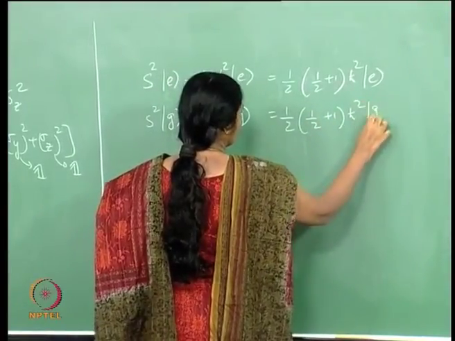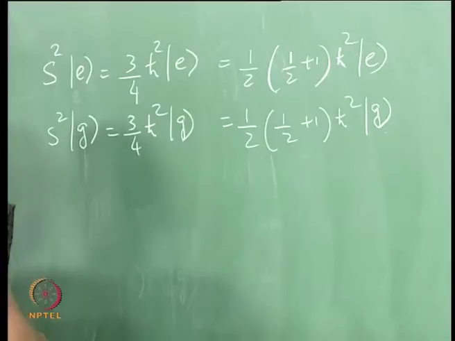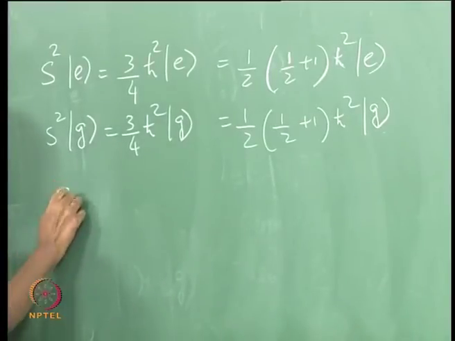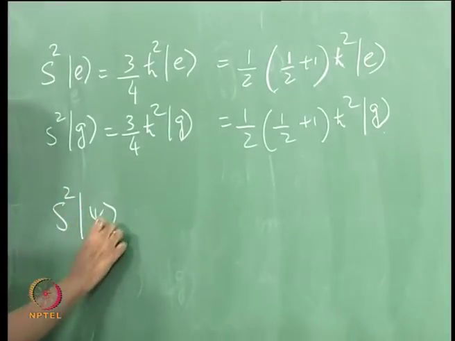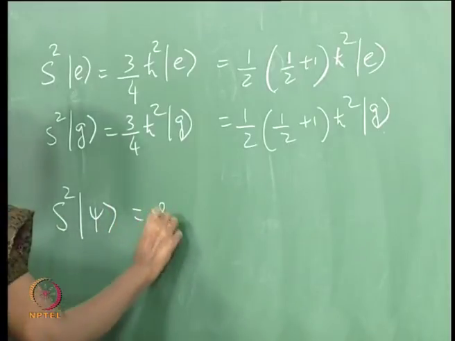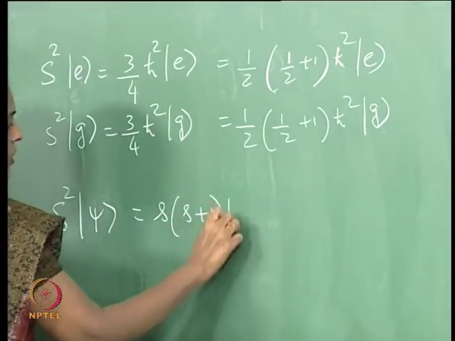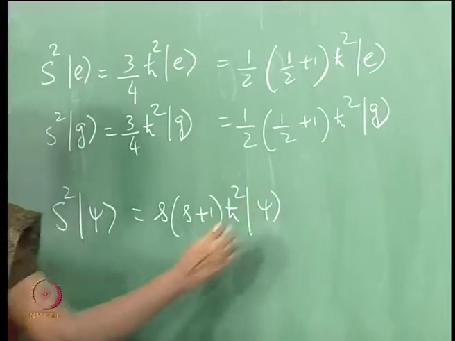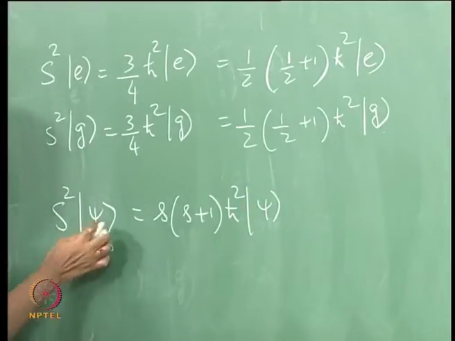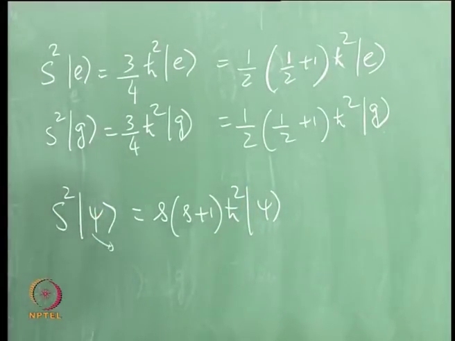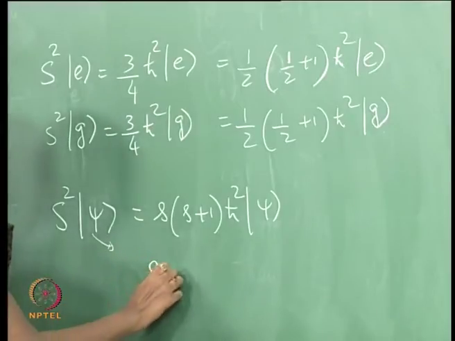I would like to write this in general as S squared acting on an eigenstate gives me s(s plus 1) ħ squared times the eigenstate, and in this case this state could be either ket e or ket g, and s is equal to 1/2.